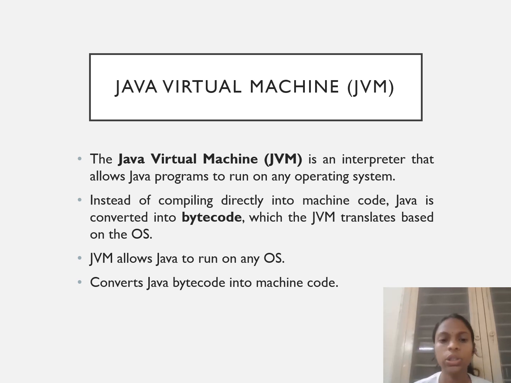It translates the bytecode into machine code based on the OS. To interact with Java programs on your OS, you need the Java Virtual Machine so that you can interact with Java programs according to your OS.